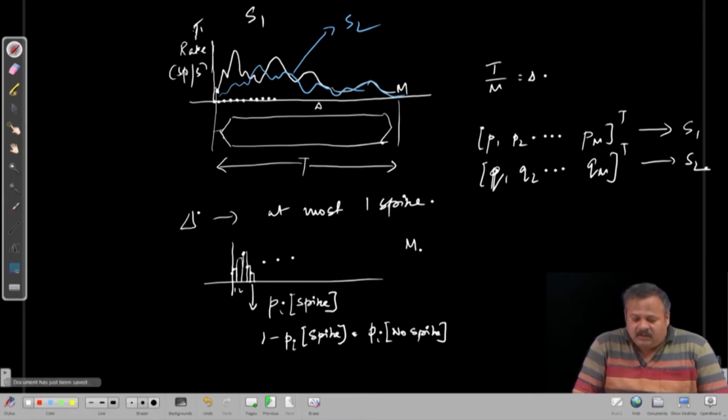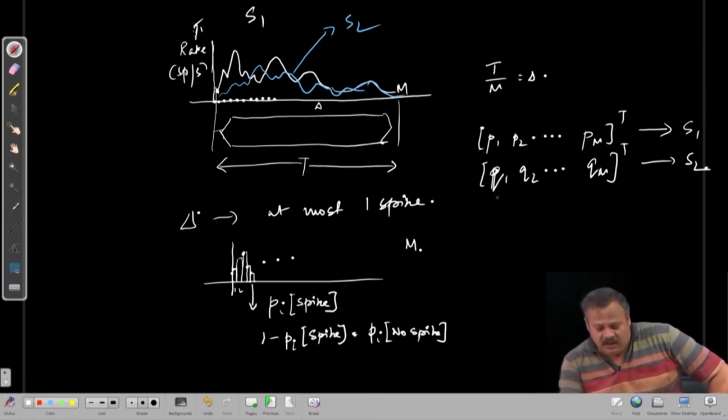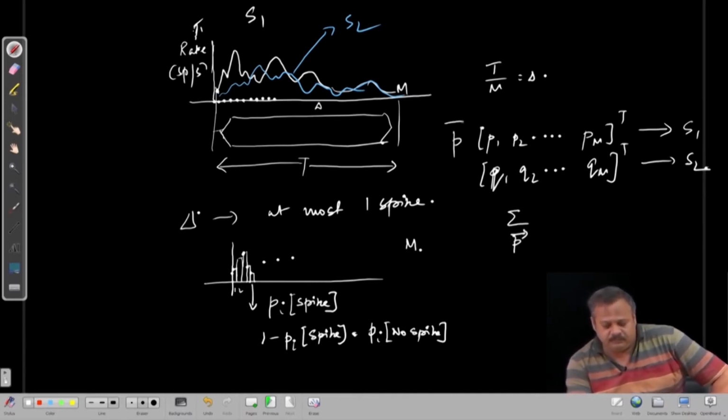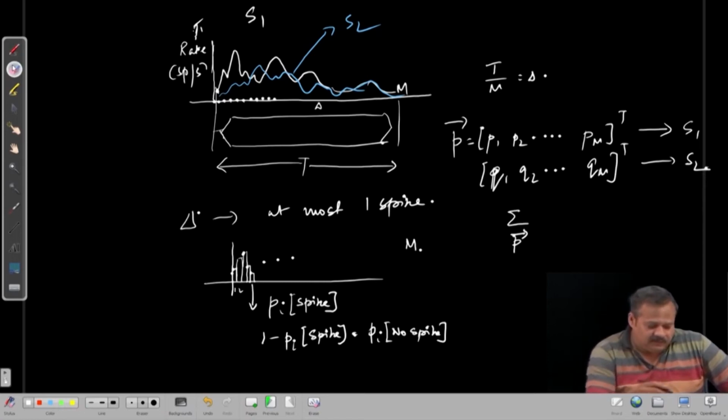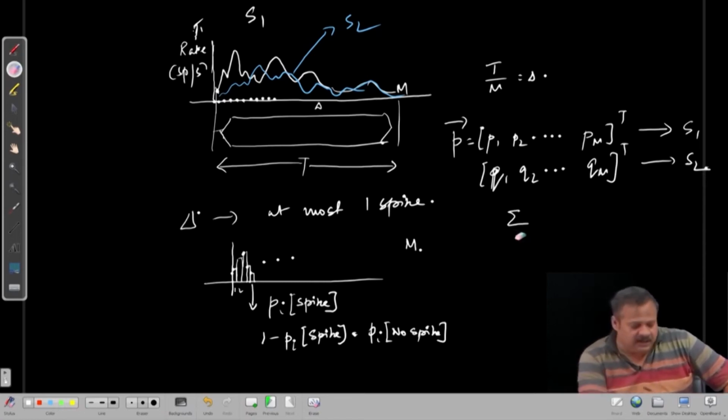So, we now have to solve the KL distance between two vector random variables, and so we will be summing over all possible values of this vector p, or rather, all possible sets of values of the vector p. It is not a sum over vector p, that would be incorrect to say.